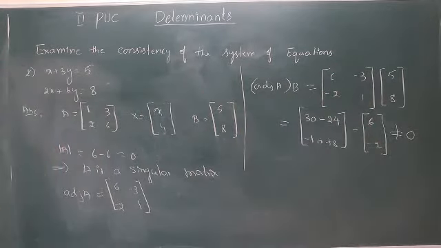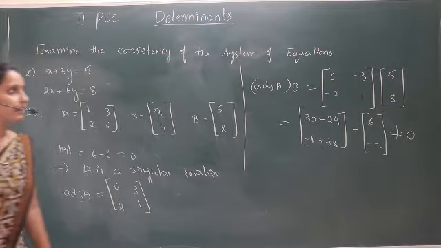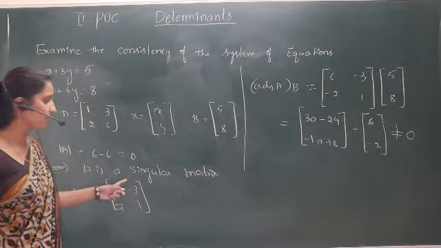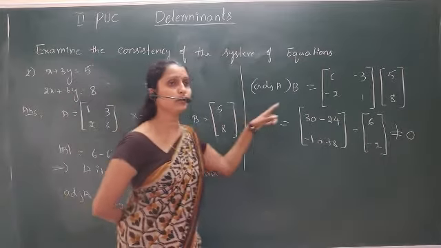Therefore, what is the conclusion? Already we know that after finding the adjoint, if we get a singular matrix, we have to calculate the adjoint A into B value.